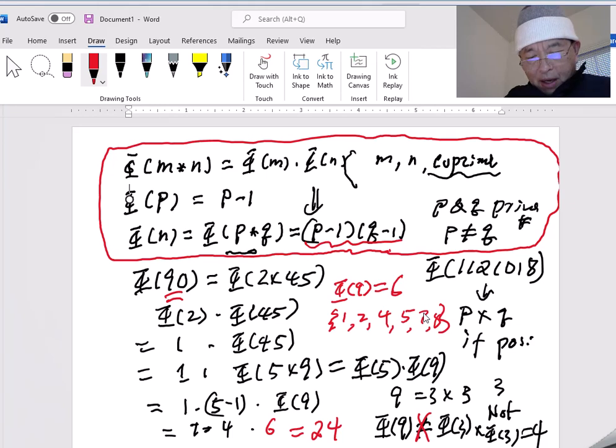The reason we want to do that is that when you do the encryption, you need to calculate the totient of a large number, n. If I just give you n and the public key, you cannot calculate the private key because you don't know what the totient of n is.